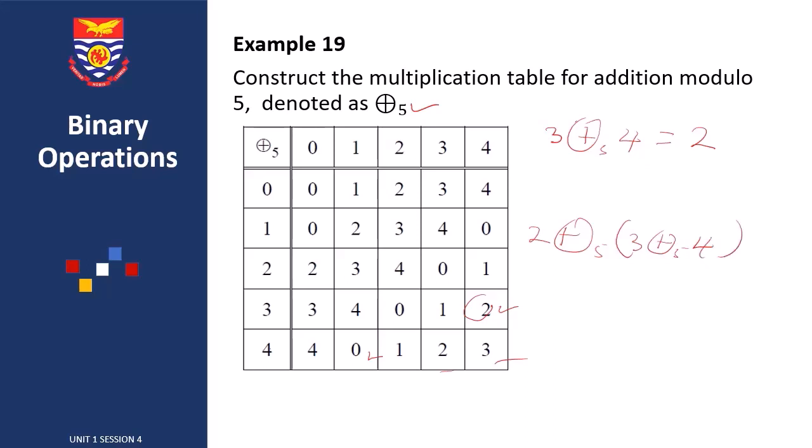There's a bracket, so don't forget your BODMAS. Bracket first: 3 operation 4 gives 2, and 2 operation 2 is 4, so the answer equals 4. So you can use the table to answer a number of questions.